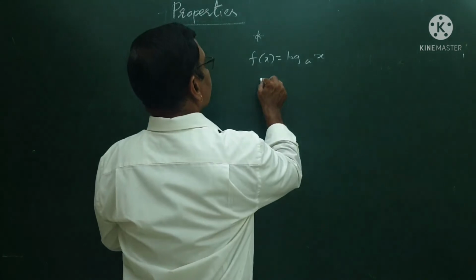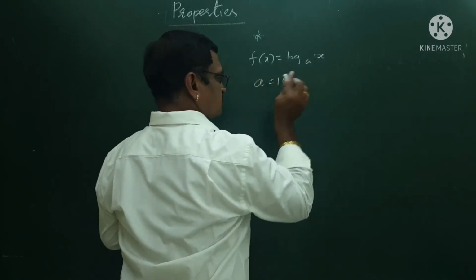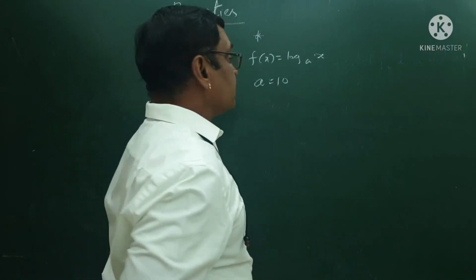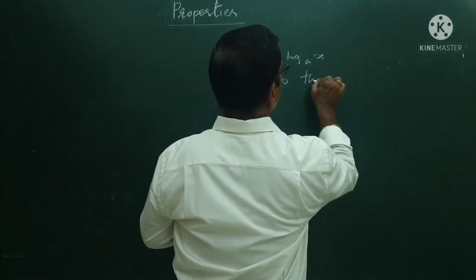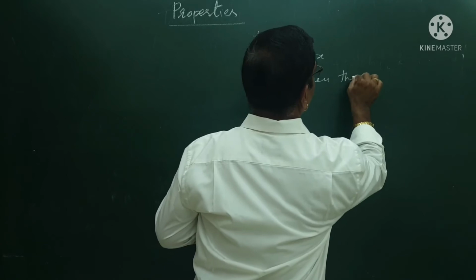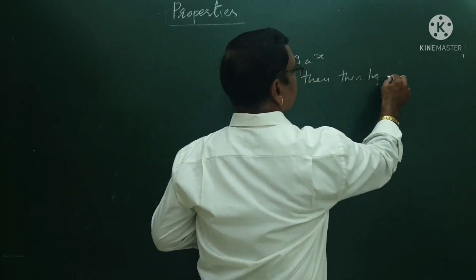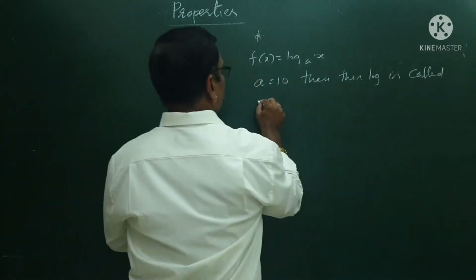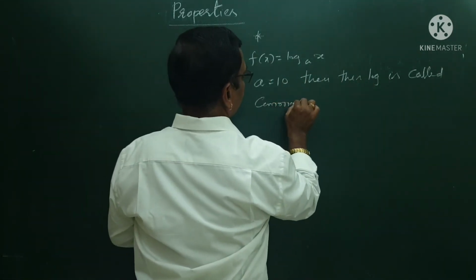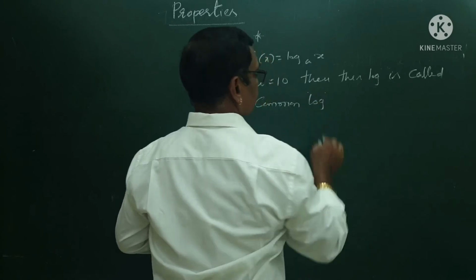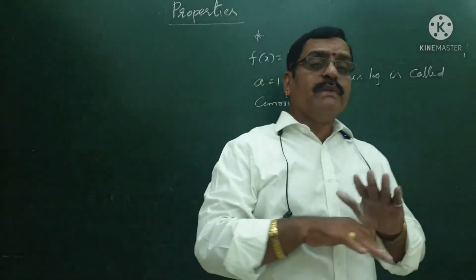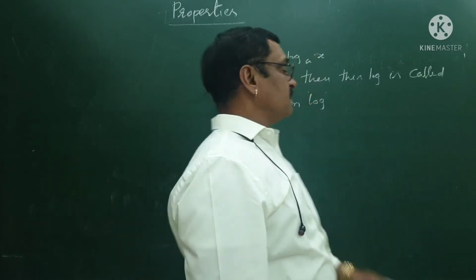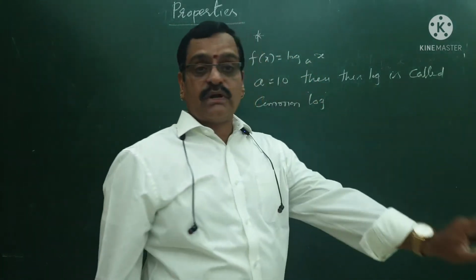If a is equal to 10, then that logarithm is called the common logarithm, or common log. For all the numerical calculations, my base is 10 only.